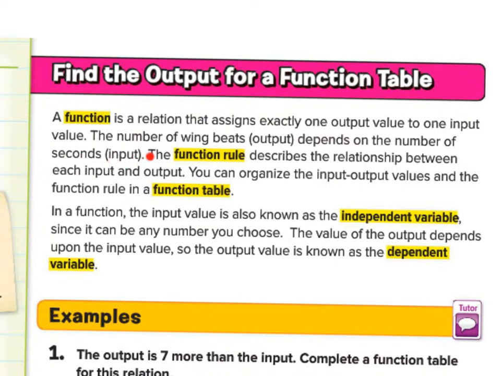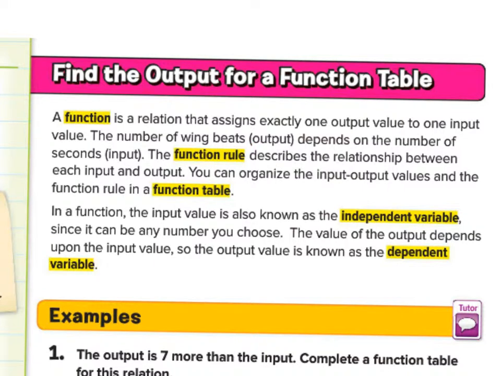Now, our input, everybody, is chosen. We choose how much time we want to measure, how much time we want to count for, right? So because we choose the input, our input is independent. But our input will change our output because if we decide to only count for 1 second for the giant hummingbird, it's going to be 10 beats.